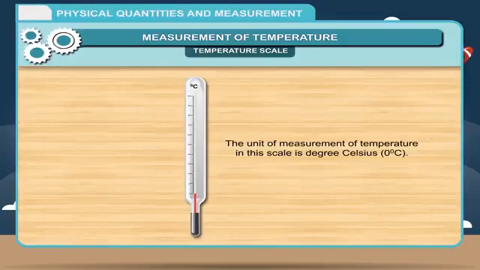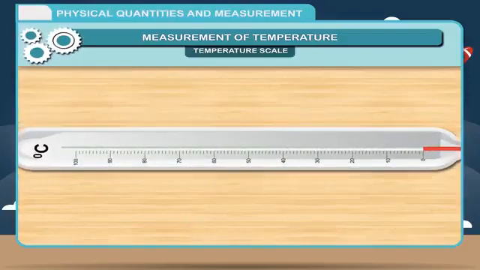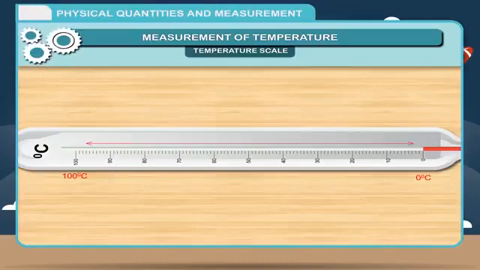The lower fixed point of the scale, the ice point, is 0 degrees Celsius and the upper fixed point, the steam point, is 100 degrees Celsius. The interval between the lower fixed point and upper fixed point is divided into 100 equal parts. The value of each division is 1 degree Celsius.